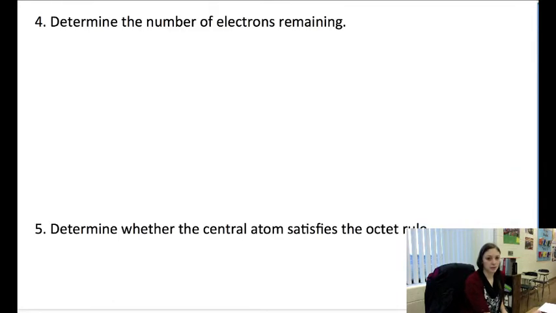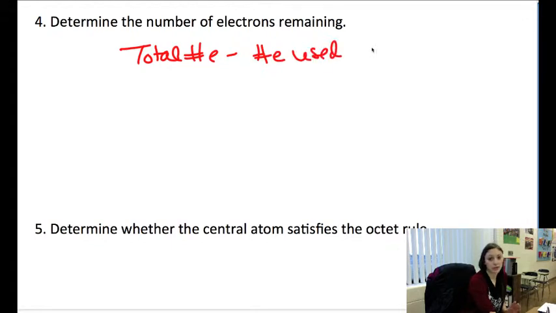Now you got to check, okay? And you have to figure out, once they're all connected, how many electrons are remaining. So you take the total number of electrons, you're going to subtract the number of electrons used just to connect them together. And that will be your number left over.